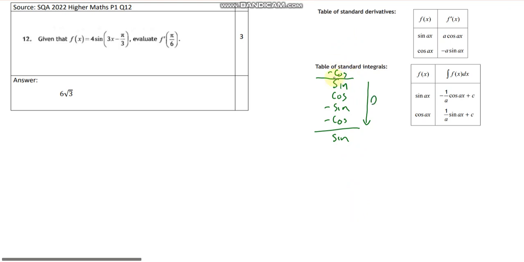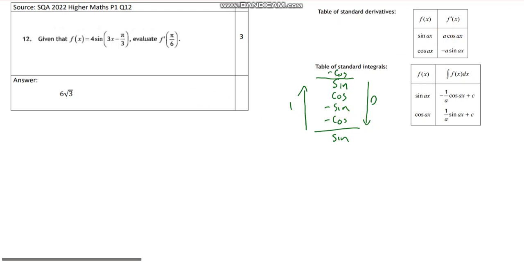That's your differentiating, and that's your integrating. I remember that because I prefer to think of it that way. And then also, we're multiplying through by the differential. If you've got that, this is actually quite straightforward.